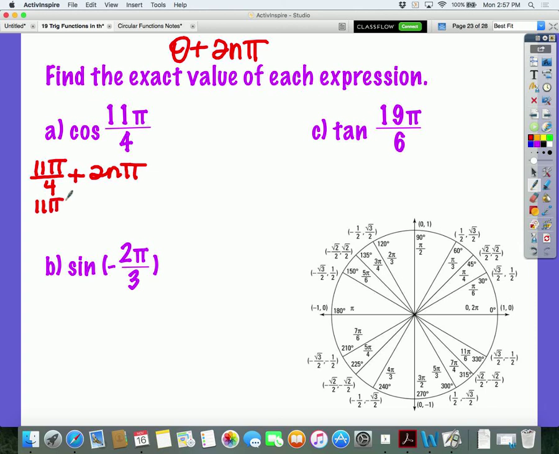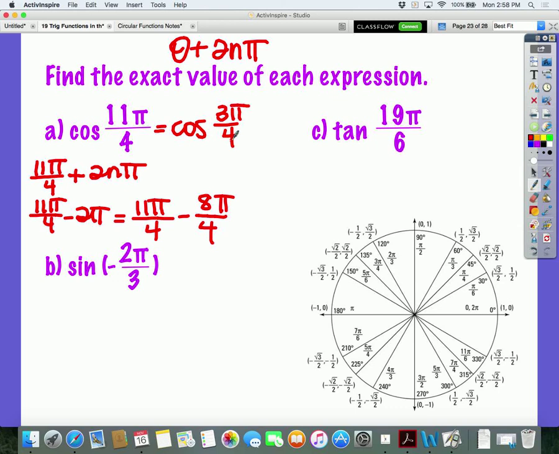So you would have 11 pi over 4 minus 2 pi. How can I subtract these? Common denominator. What's the common denominator? 4. So 2 pi is the same thing as saying what over 4? 8. And what's 11 pi minus 8 pi? So the cosine of 11 pi over 4 is the same thing as the cosine of 3 pi over 4.